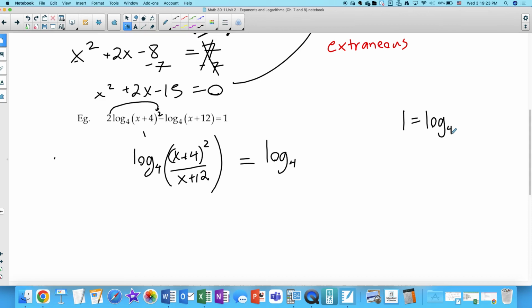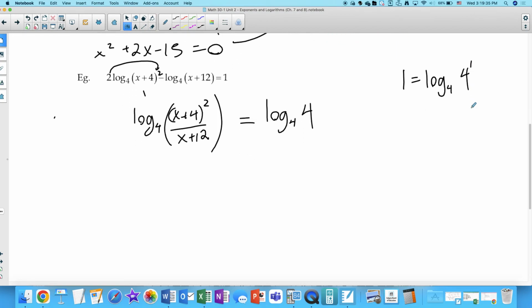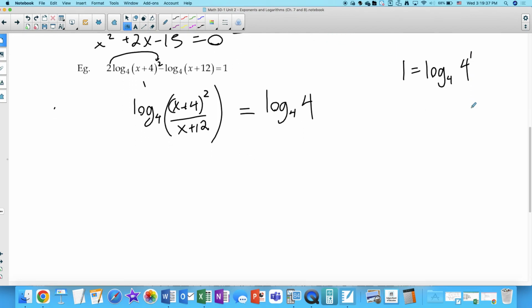Okay? Okay, so now we can drop the logs, and we can set the arguments equal to one another. And again, keep in mind, here x has to be greater than -4. Here x has to be greater than -12. Okay?